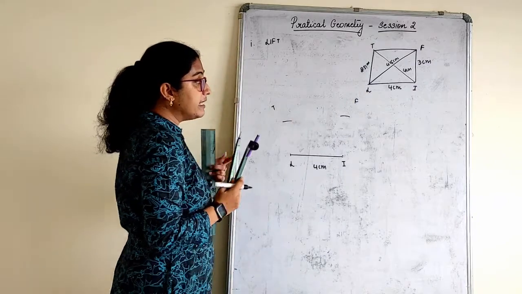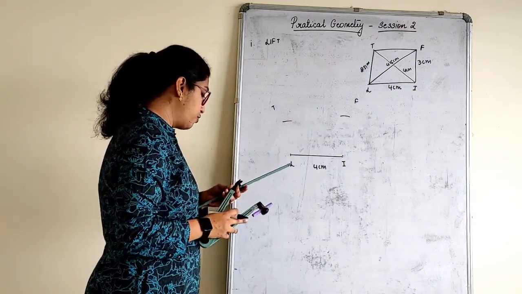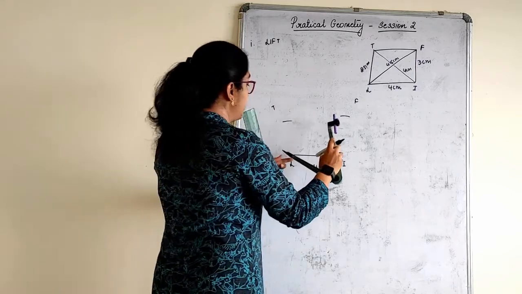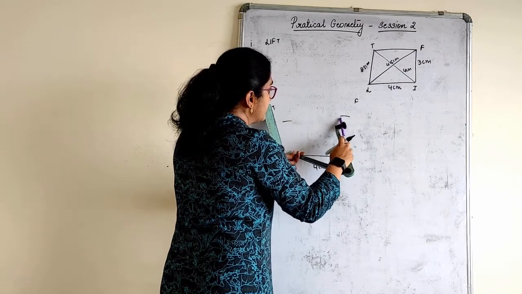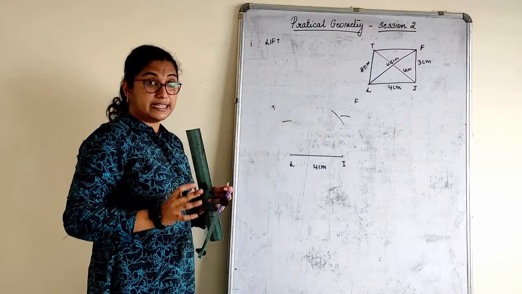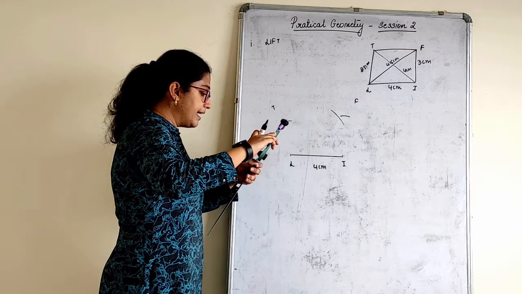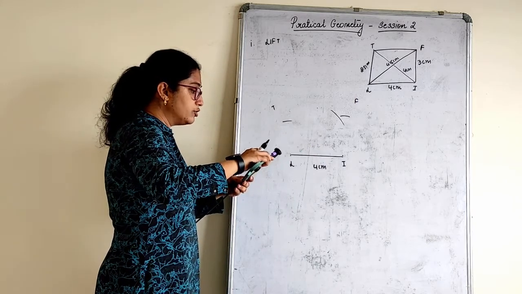From L to F is how much? That is a diagonal which is 4.5. So let us mark for 4.5 from L to F. It is cutting here. Should I extend this line? Yes. But how? Again by taking 3 centimeter and extending the arc. No freehand drawing there.